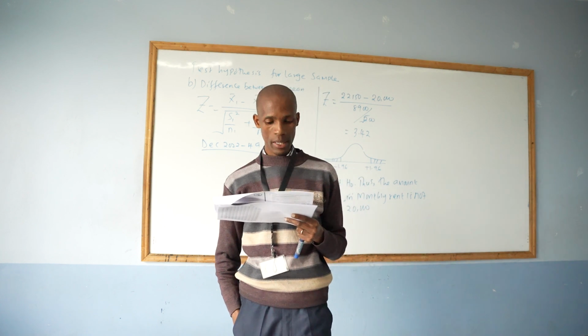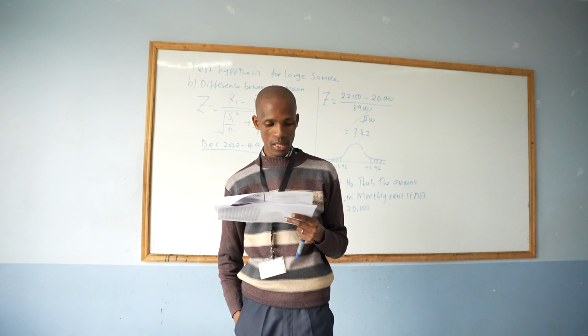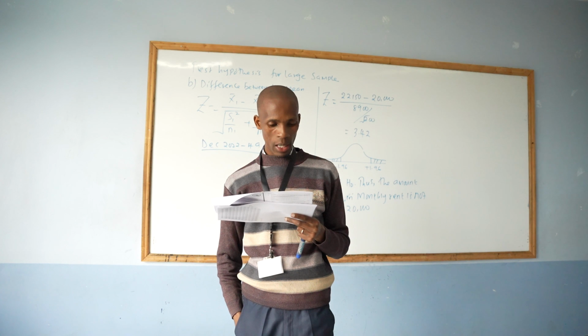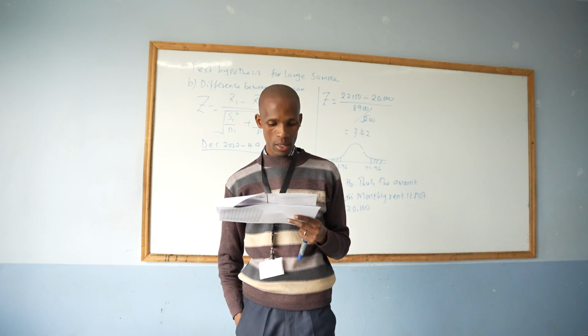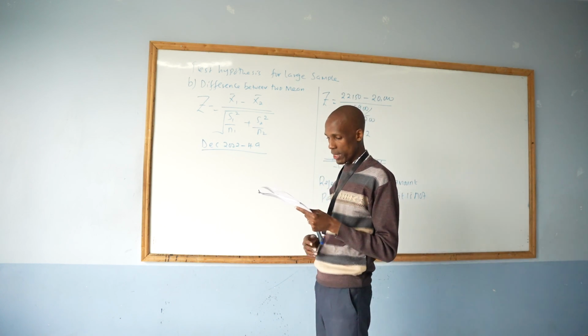A sample of 80 taken from B was found to have a useful life of 30,000 hours with a standard deviation of 1,000. Advise the production manager if there is any significant difference in the useful life.